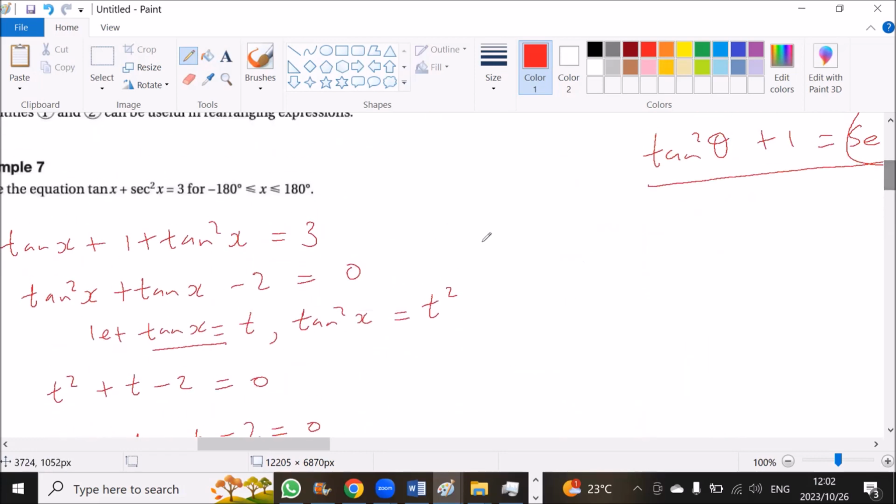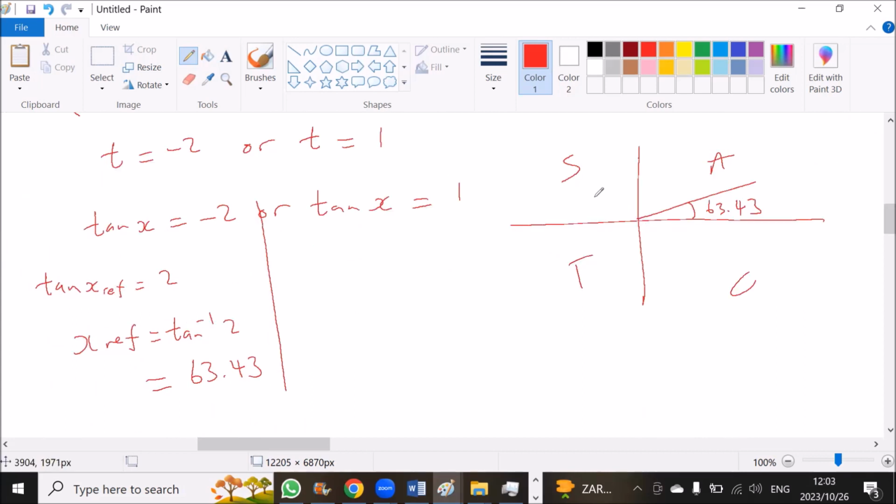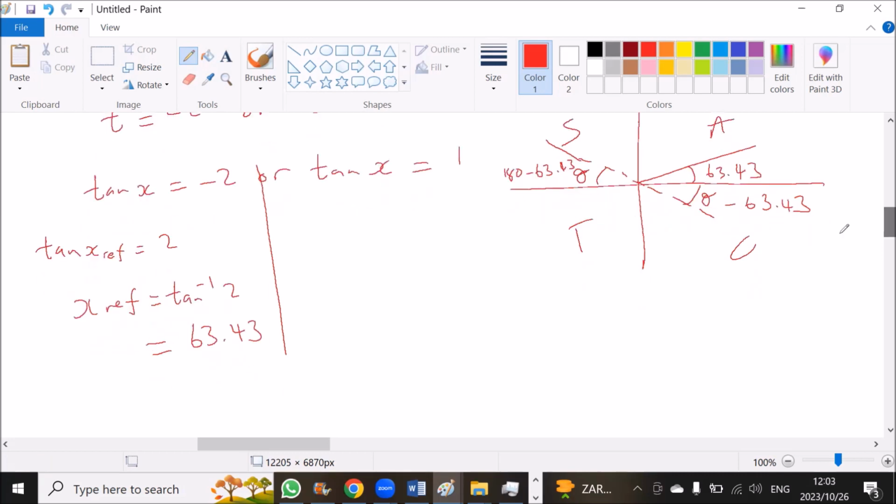And our question requires us to find from minus 180 to 180. We are looking at areas where tan is negative, fourth quadrant and the second quadrant. So here it's minus 63.43. There it's 180 minus 63.43.